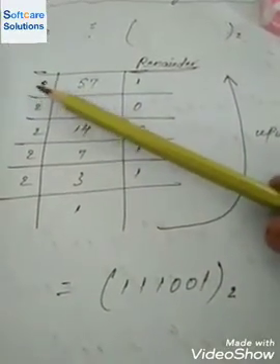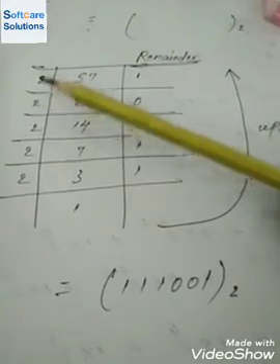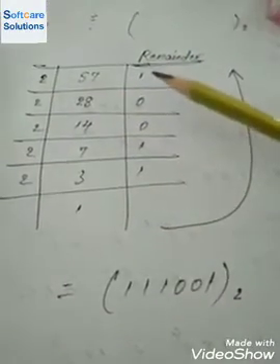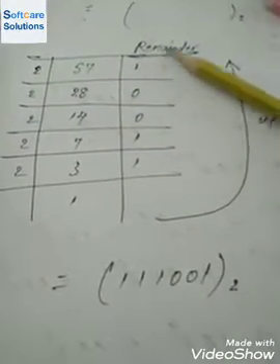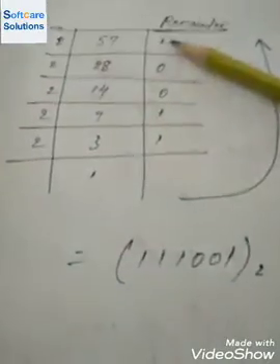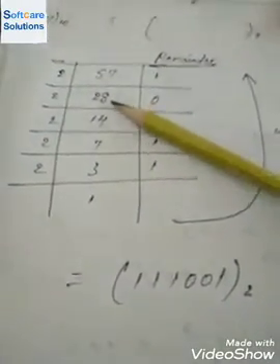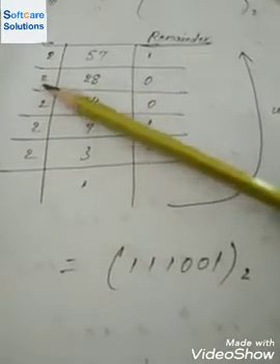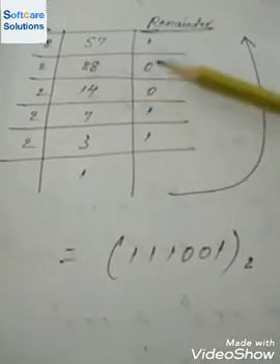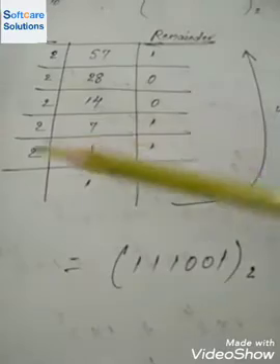First we divide 57 by 2, then we get remainder 1. So we write in the next column that the first remainder is 1. Next we get 28 as the quotient. 28 is divisible by 2 again, so we get 14 as the quotient and remainder 0.